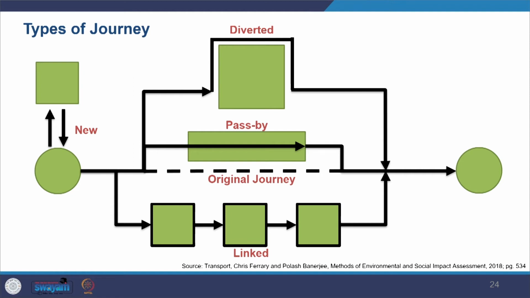So you need to understand the characteristics of how people are moving. Then you also have diverted trips. Diverted trips are similar to pass-by trips, but they involve a longer diversion. People move away from their scheduled travel pattern for a longer time, and they spend more time. That is what you call diverted trips.